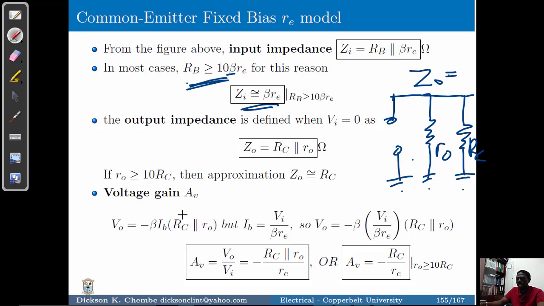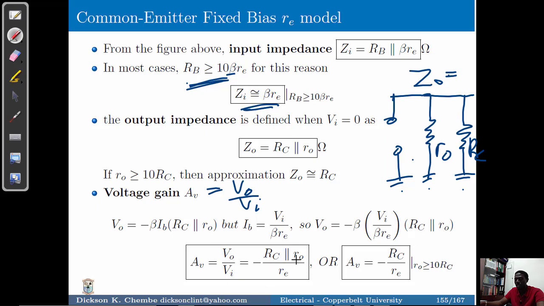When we come to the voltage gain, like I mentioned, it is equal to the voltage output over the voltage input. The voltage output is equal to beta IB multiplied by RC parallel to RO. Knowing that IB is VI over beta RE, we're able to derive that the gain can be obtained from RC parallel to RO over the emitter resistance.